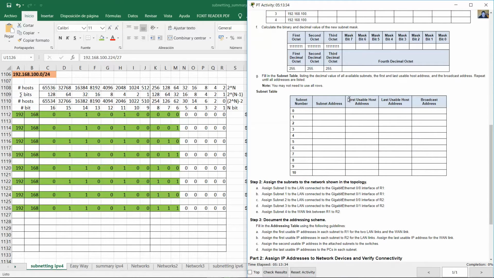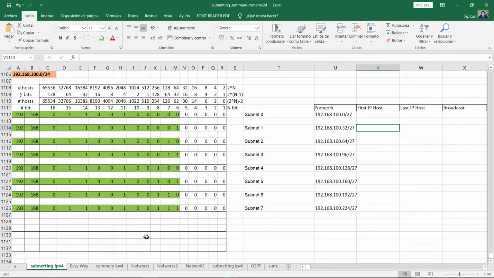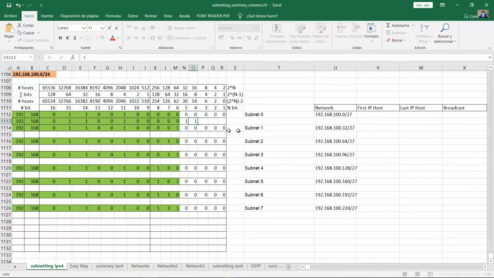Also fill in the first usable host IP address, the last usable host IP address, and the broadcast address. There are many ways to do this. One is the following. Copy this here and fill the remaining spaces with ones. If this is the network, this is the broadcast.